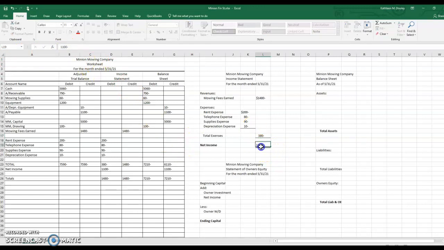All right, also my grand total, which is my net income, also needs to have a dollar sign on it.